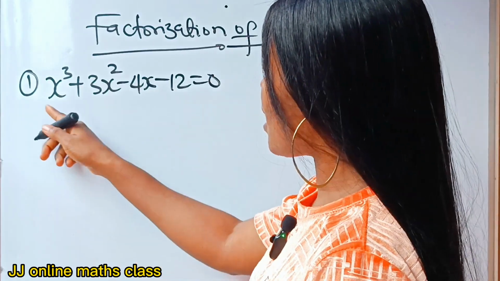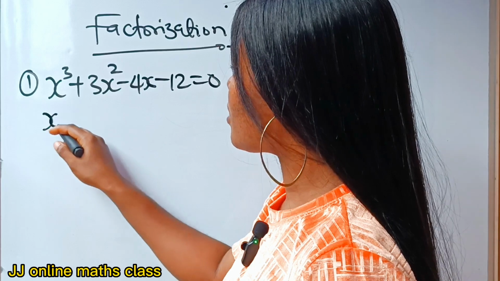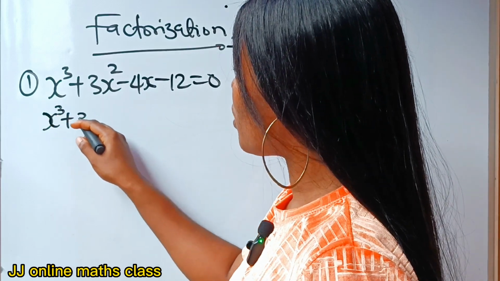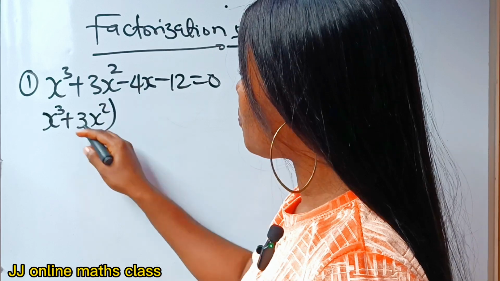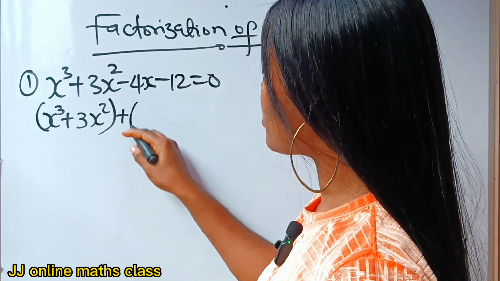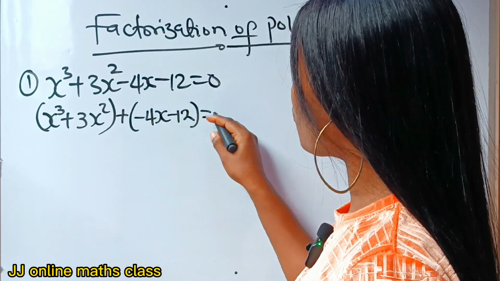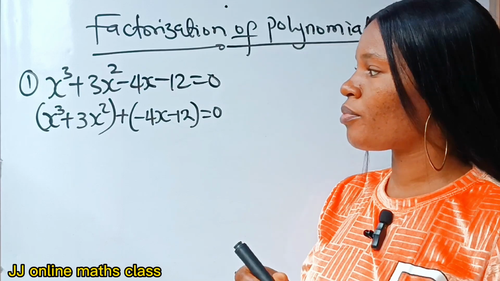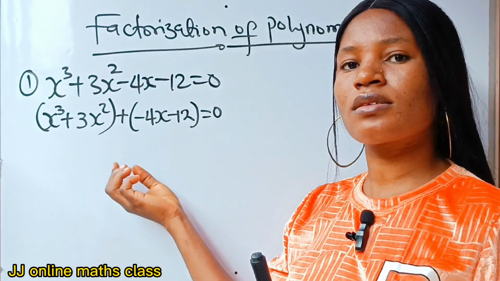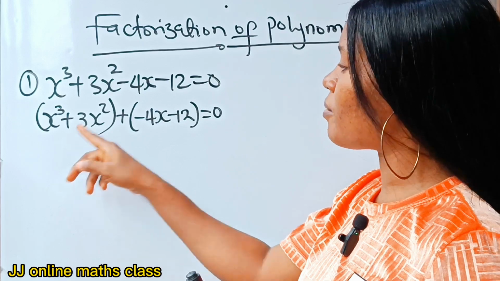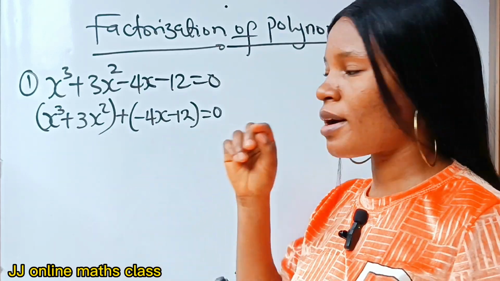So in this case, this can be written as what? x to the power of 3 plus 3x squared, plus minus 4x minus 12 is equal to 0. All right, so let's factorize. Okay, let's look out for a common term here and another common term here.